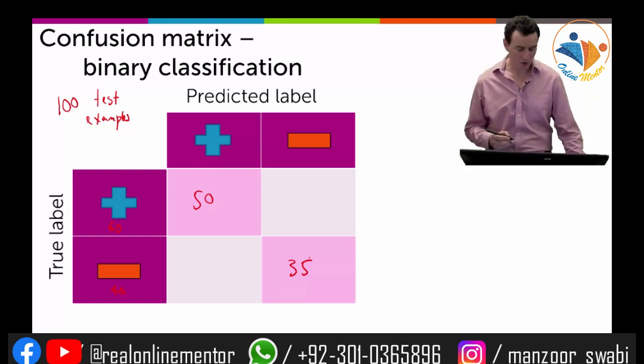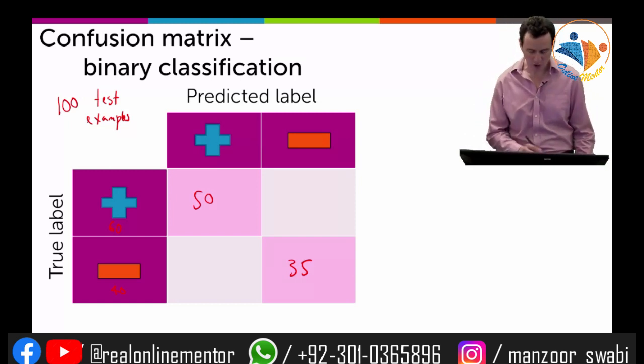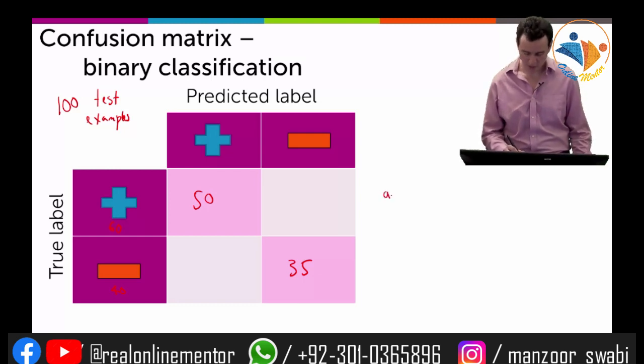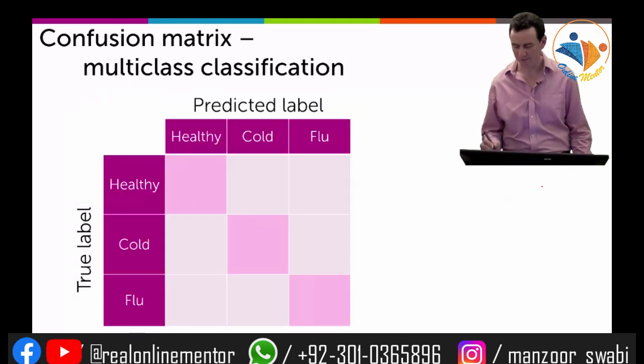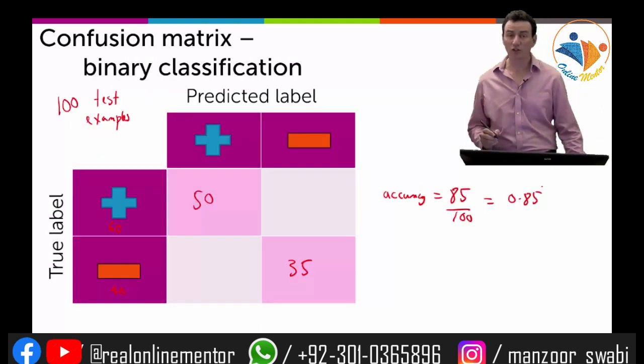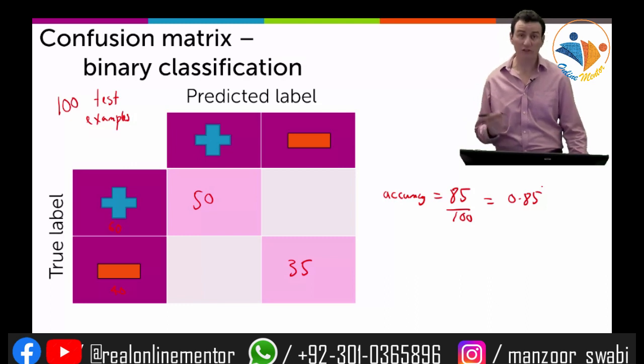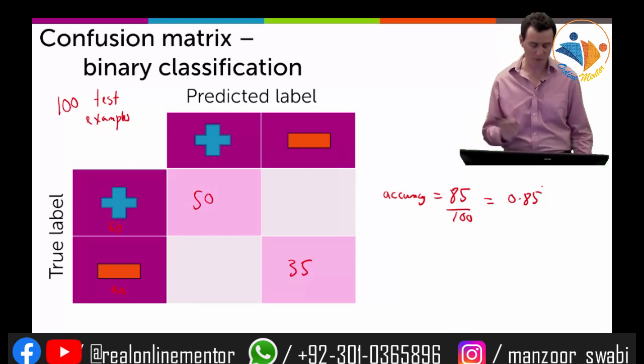Let's see what we've learned. Out of the 100 examples, I got 85 correct. So we can talk about accuracy. Accuracy is 85 correct over 100, which is 0.85. And we can also discuss the false positives and the false negatives.